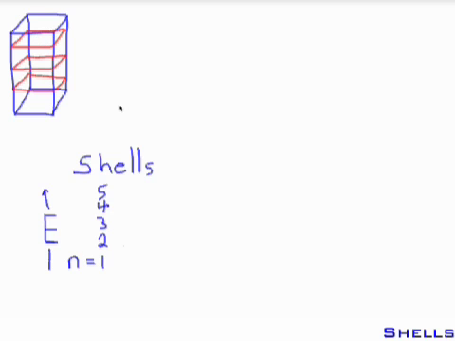And just like apartment buildings are subdivided into floors, the energy levels the electron finds itself in are divided into shells.